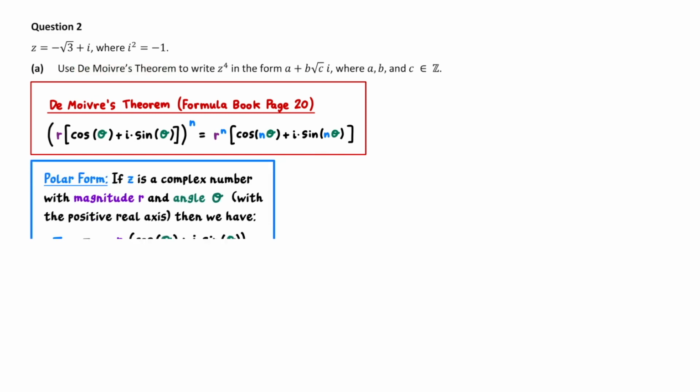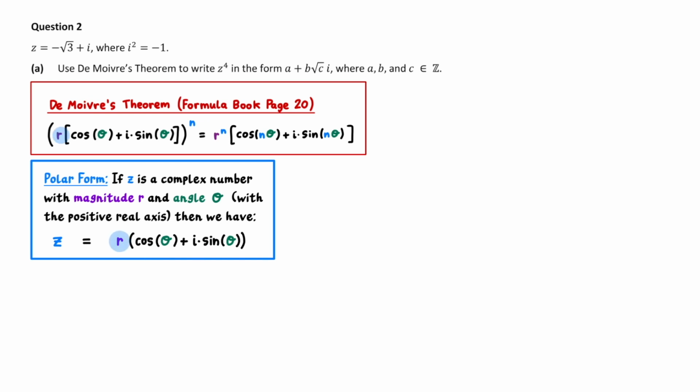Before we delve into this further, let's quickly recap the idea of polar form. If z is a complex number with magnitude r and angle theta, then we can write z is equal to r times cosine of theta plus i sine of theta.